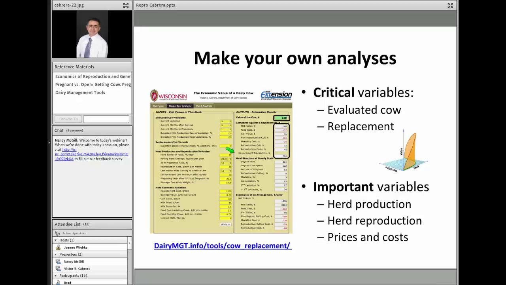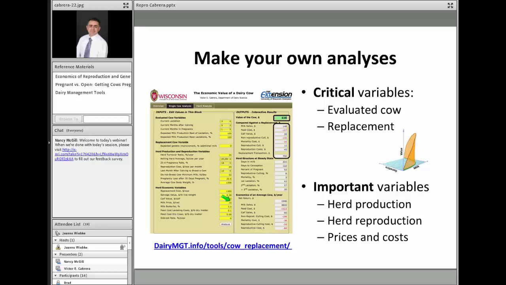And also, if possible, have an idea of what the genetic improvement with the replacement would be. There are other factors that should be pretty straightforward in any dairy farm system that you would need to define here, but very simple. Actually, when you go to the tool, you will have a good indication of what to enter in each one of these cells.